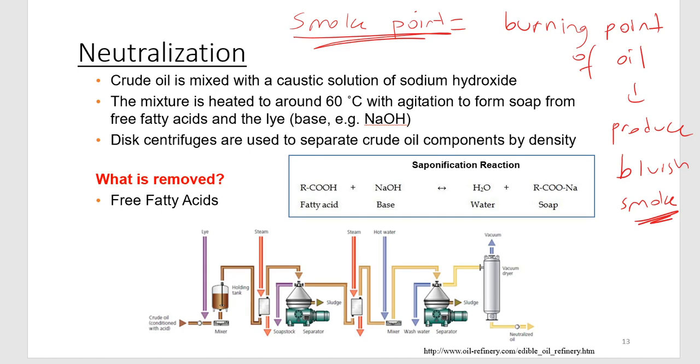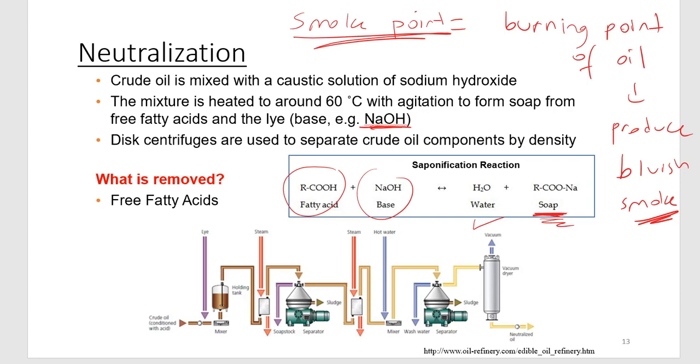So how can we perform neutralization? It's performed by reacting the oil with a solution of caustic soda, which is sodium hydroxide. It's a base. And then removing the water containing the salts of the free fatty acids. Remember, when we react acid and base, we form soap, right? And also water.